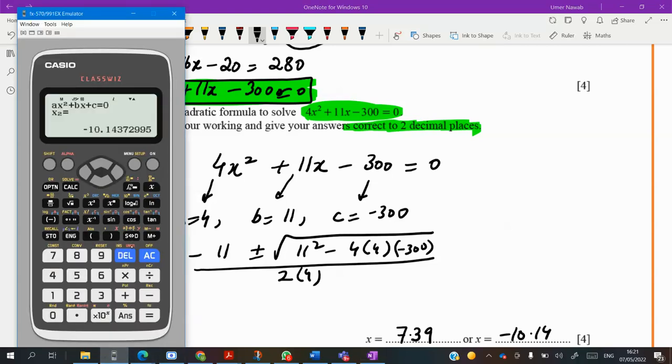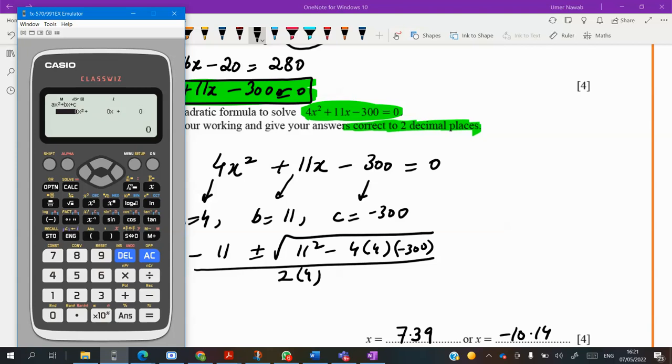If you want to show the examiner in the exam the third form, it is also possible, because my calculator was in a complex mode.